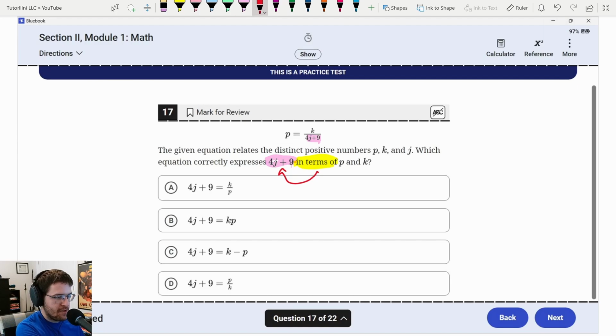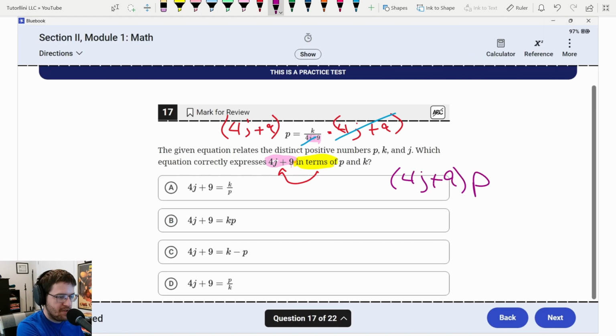So I'm going to be very meticulous here about multiplying both sides by that quantity. I'm going to try to show you guys my algebra so you can follow along. All right, so these guys go away, and I get 4j plus 9 times p equals k. All right, now that I've got him out of the denominator, I just want to look at whatever's on the same side of him and move that away.